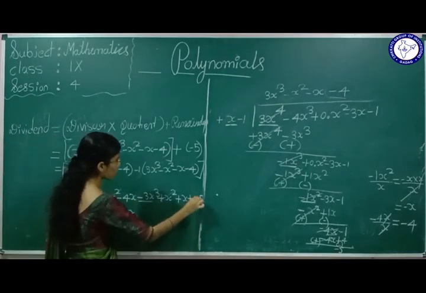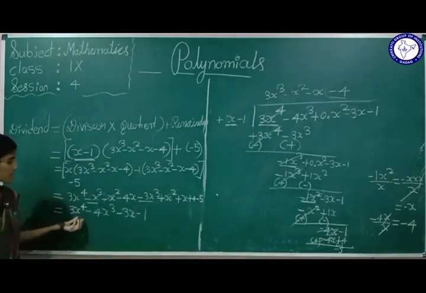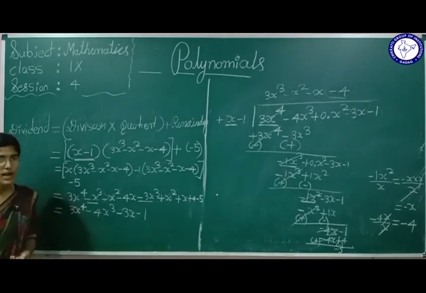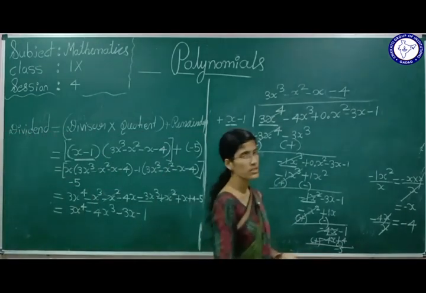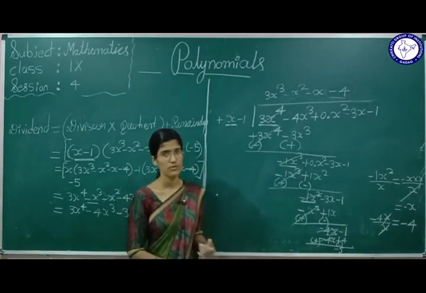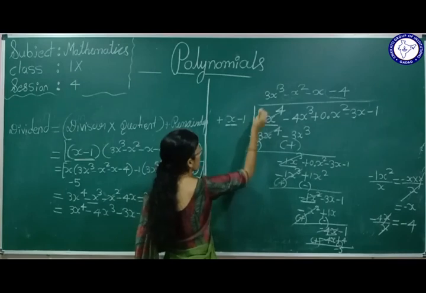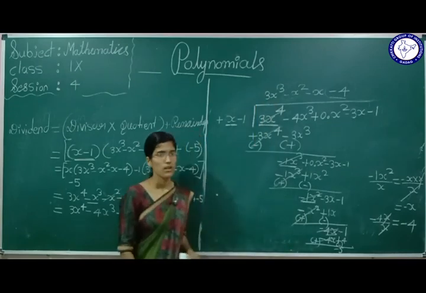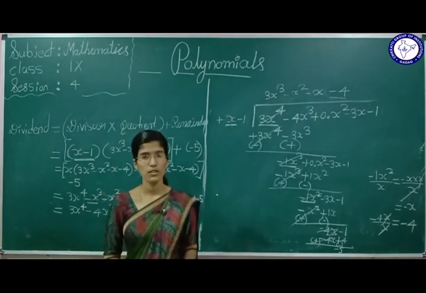Plus 4 minus 5 is minus 1. See, check, the dividend is the same. Yes. See, this is the way we are going to do a division of a polynomial by a non-zero polynomial. Okay, this we are going to call the long division method. In the next class we are going to continue the problems. Thank you.